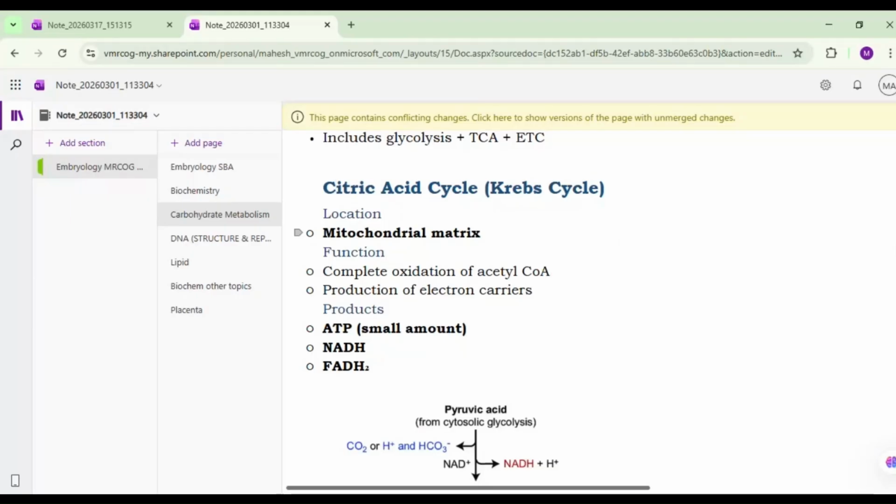In the mitochondrial matrix, with complete oxidation of acetyl CoA and production of electron carriers. The products are a small amount of ATP, NADH and FADH2. One NADH equals 2.5 ATPs, and one FADH2 equals 1.5 ATPs.